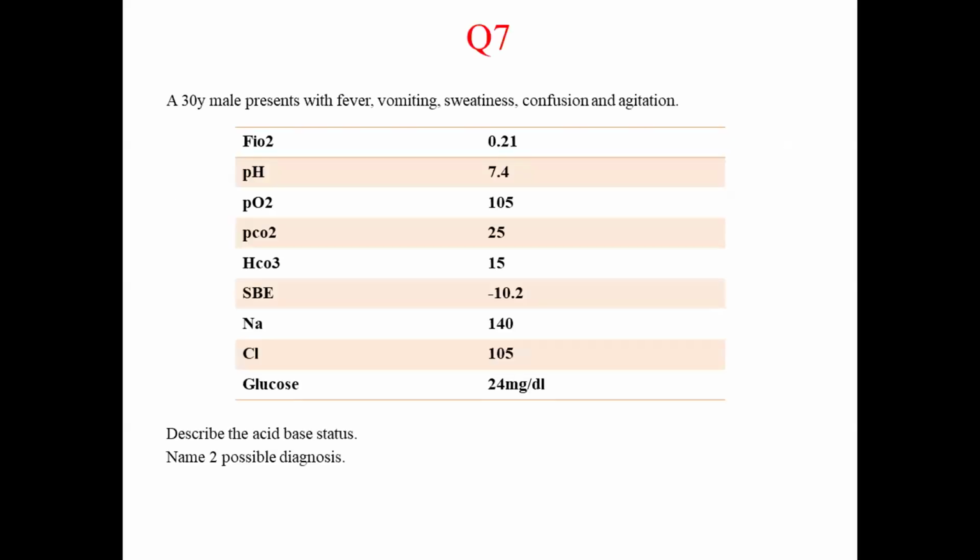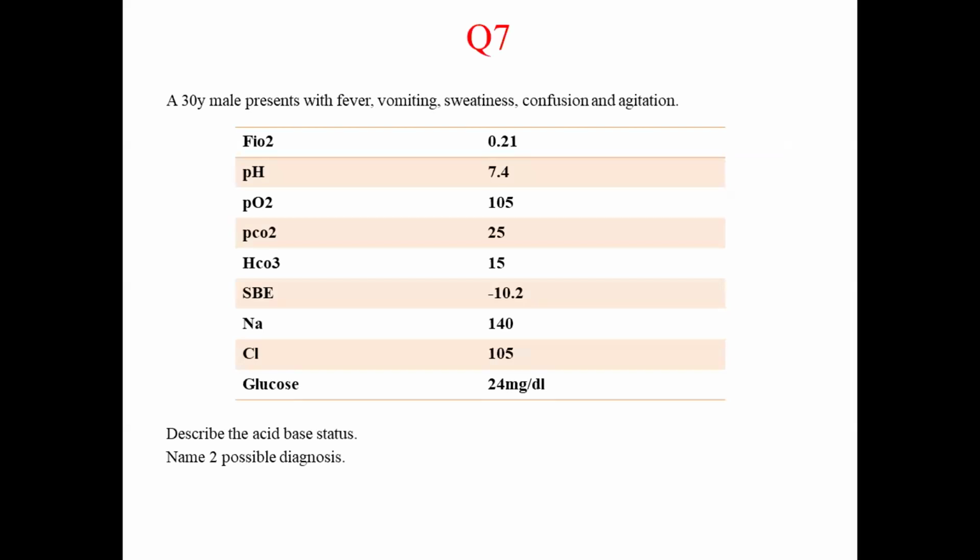You have calculated both because pH is 7.4. When the pH is abnormal, only then with your PCO2 and bicarb you will get the confusion, and then you need to calculate your percentage difference.